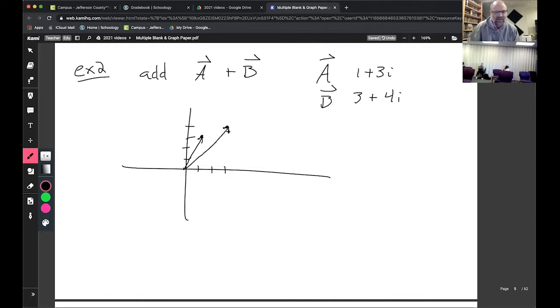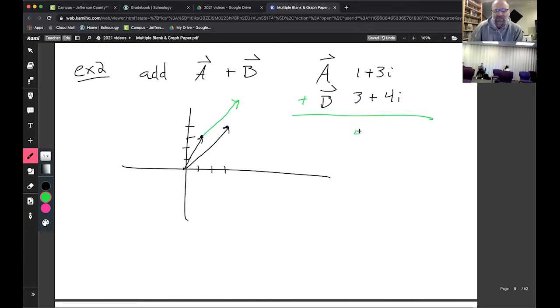So I can add these. And adding is, if you take this guy and you just put it where A ended and just draw like a little parallel line there, then that should give you what happens when you add them. So you go this far and then you go this far, okay? But adding is real easy.